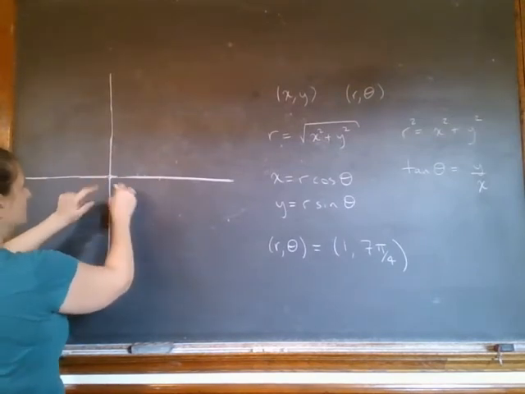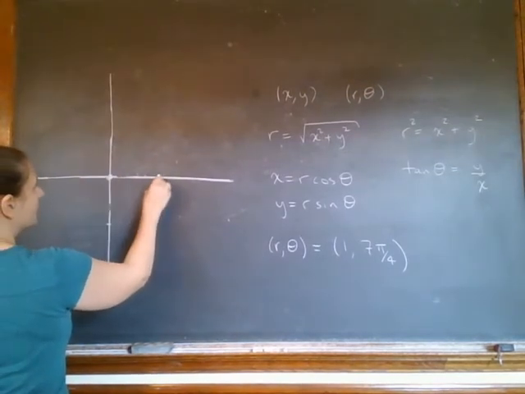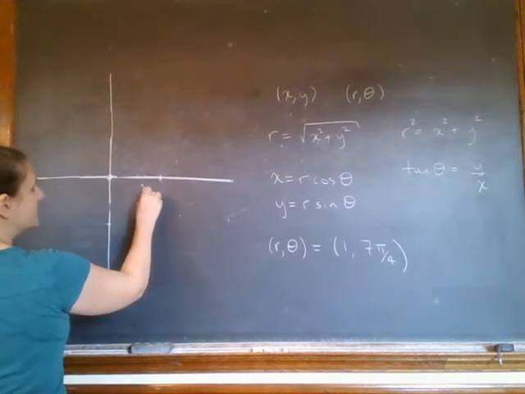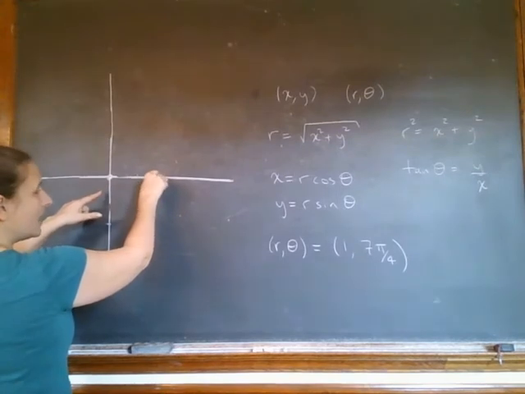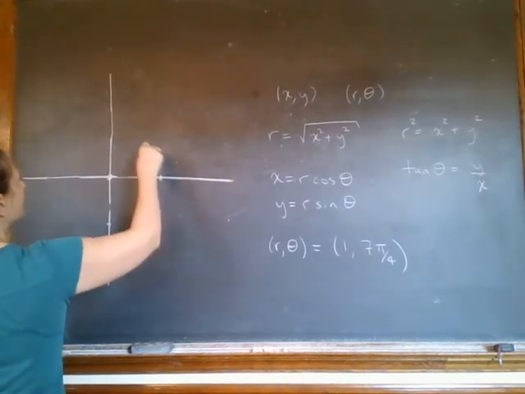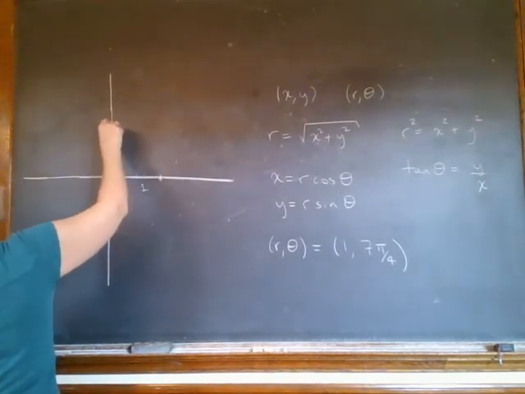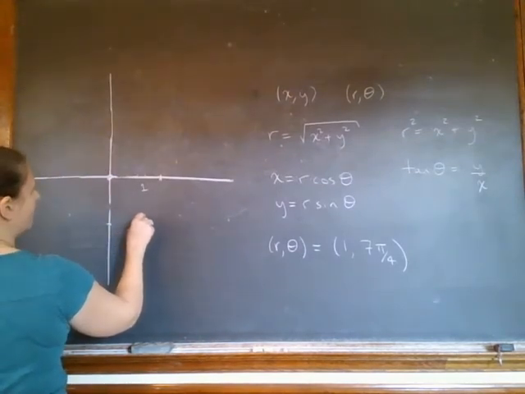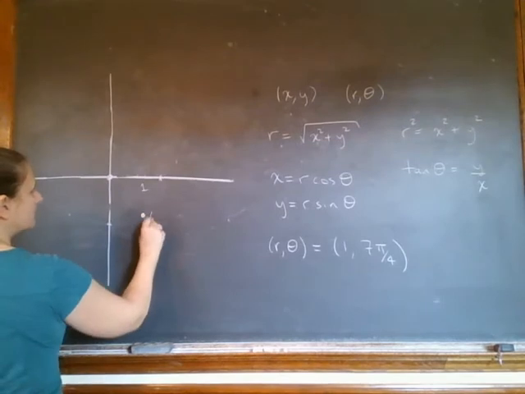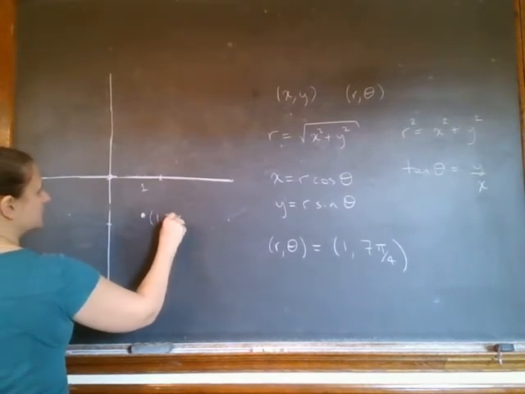So here's the origin. I'm going to go out and say this is a distance of 1, right? And then we go around 7 pi over 4. So what is that? pi over 4, 2 pi over 4, 3, 4, 5, 6, 7 pi over 4. That would be here. And those are the coordinates of my point.